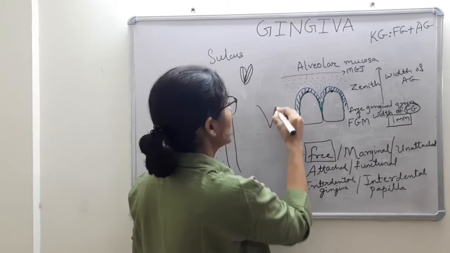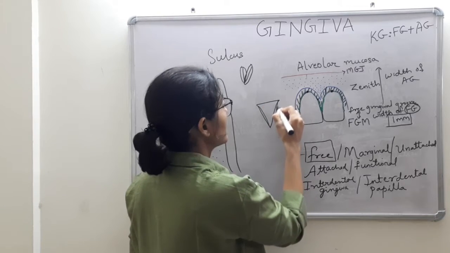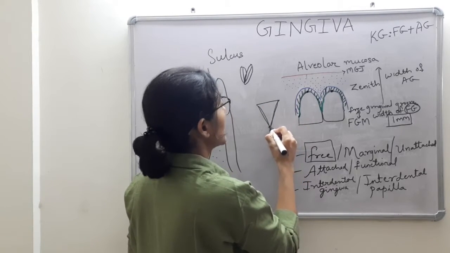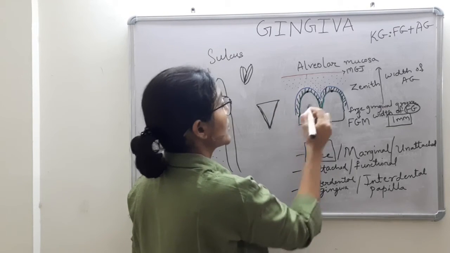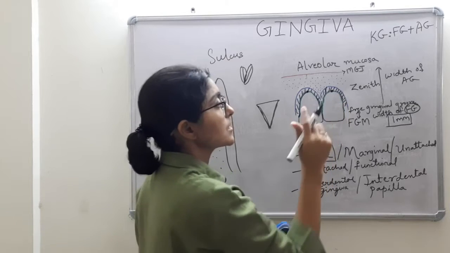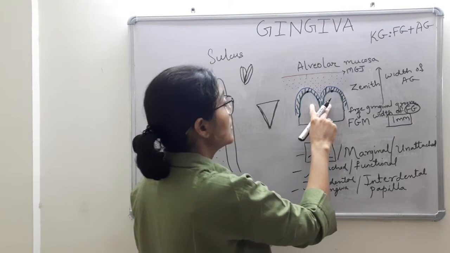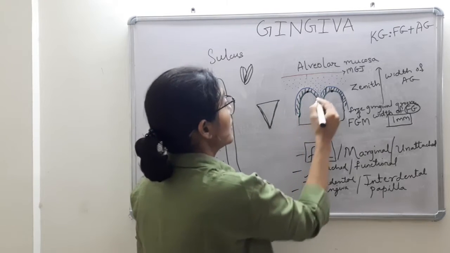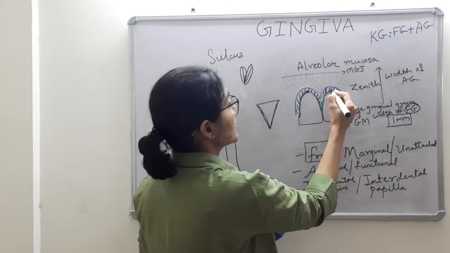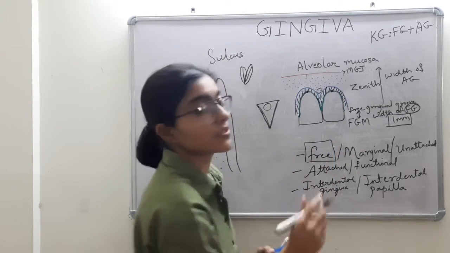Now this triangular shape, as you can appreciate, the margins of this triangle and the apex are contributed by free gingiva. As you can see, this green border, which represents the free gingival margin, forms the outlines of the triangle, whereas the innermost portion of this triangle is contributed by attached gingiva.